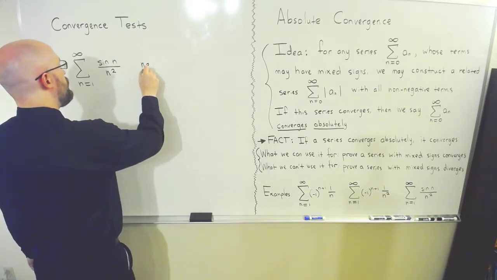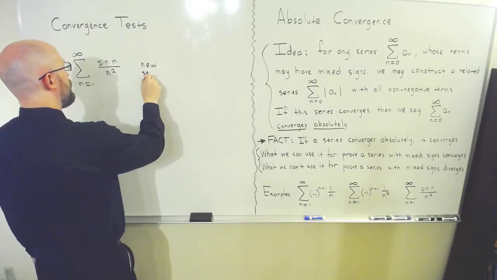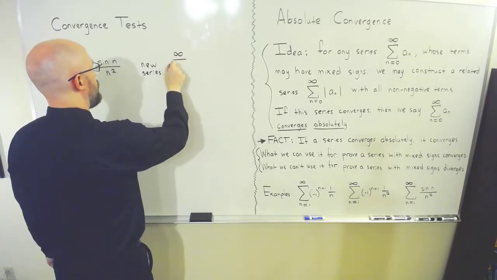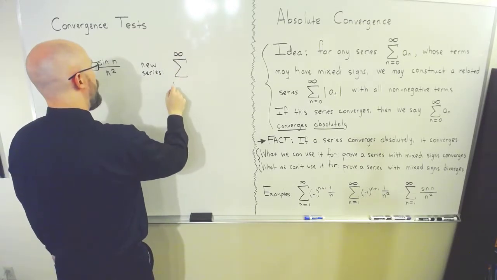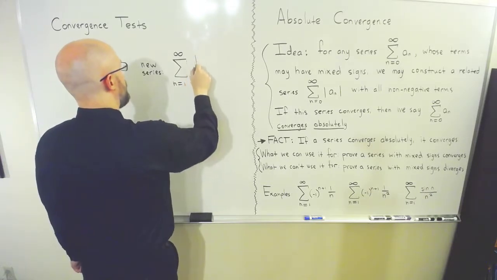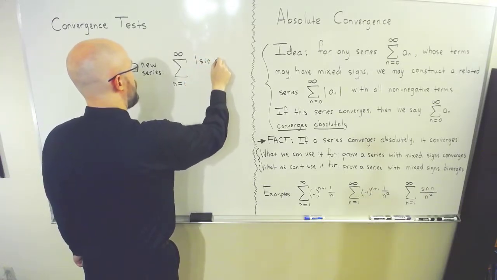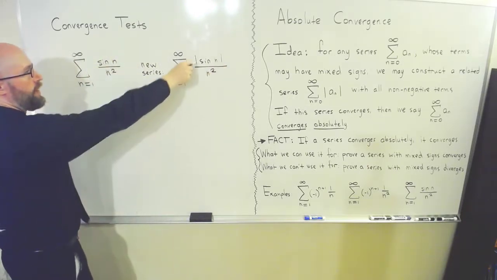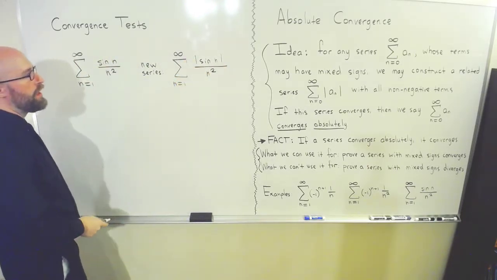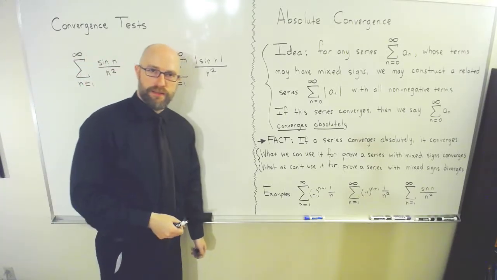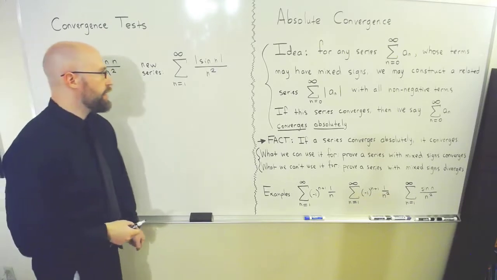And of course the new series, I mean, this doesn't really simplify. It's just the absolute value of sine n over n squared. The n squared is positive, so I don't have to put the absolute value down there. This is looking like a somewhat complicated series compared to some of the things we were looking at before.